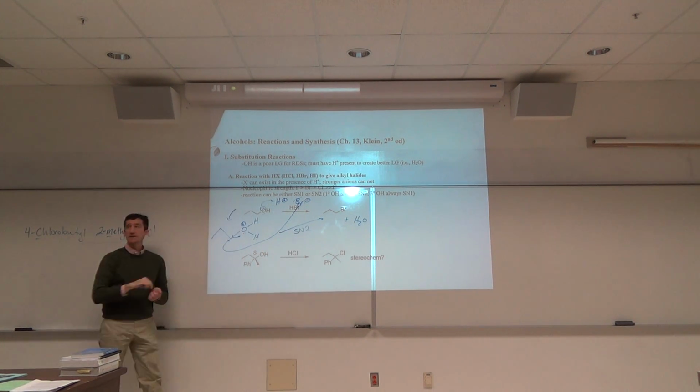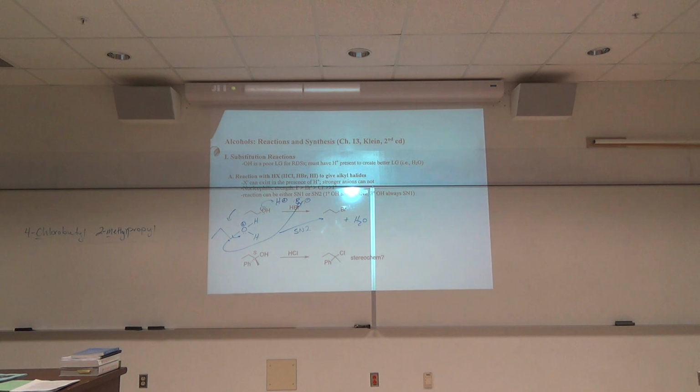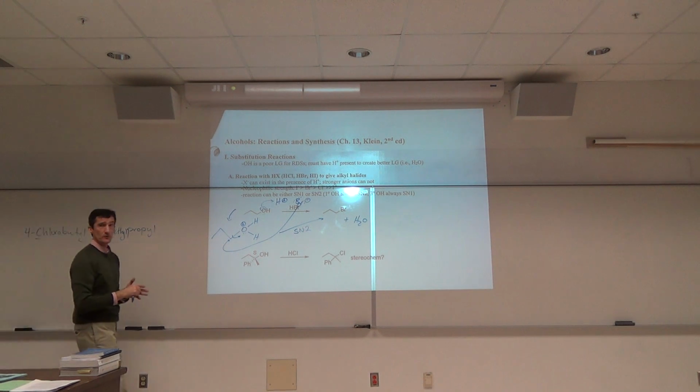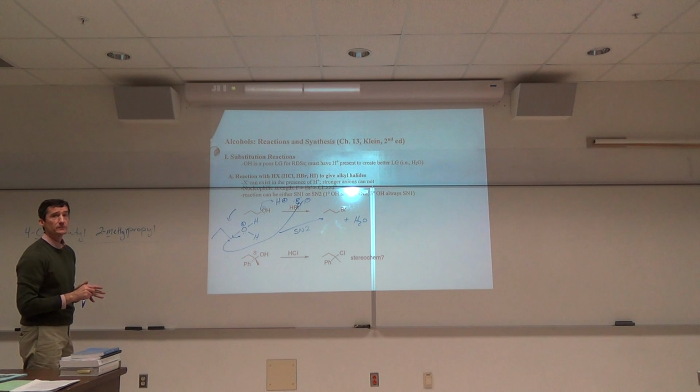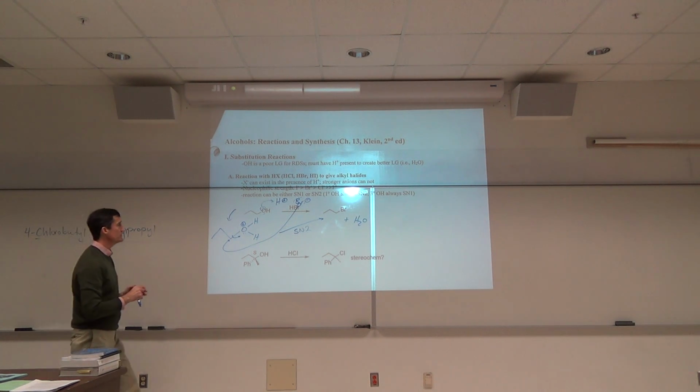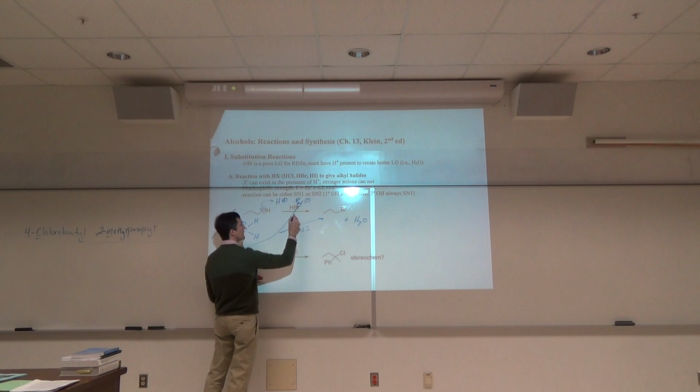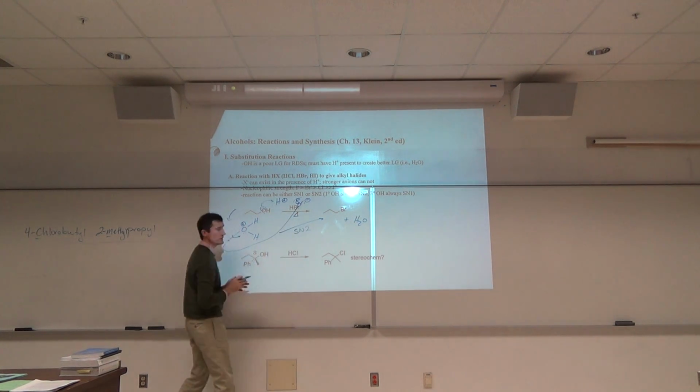SN2 with an activation step to make your leaving group better. Never make primary cations unless you have to. Did we have to, or could we have done SN2? The mechanism here is SN2 because you don't want to make a primary cation. Now SN2s often require a little bit of heat, so in practice you might heat this a little bit, maybe an hour or two.